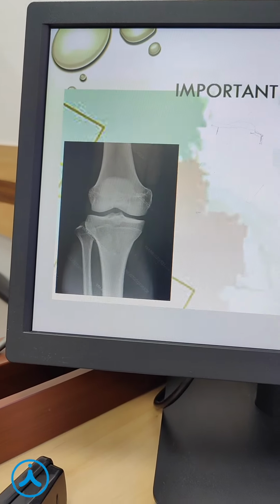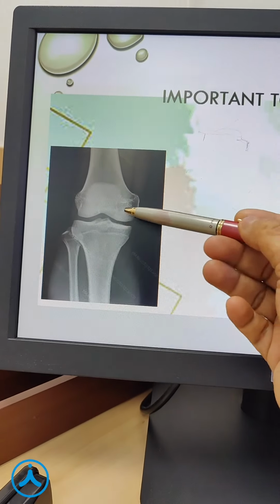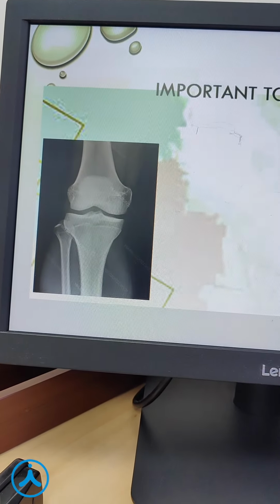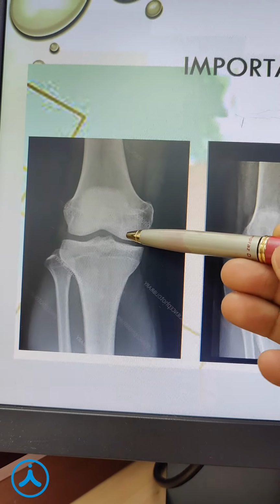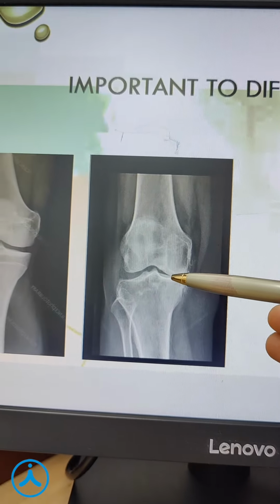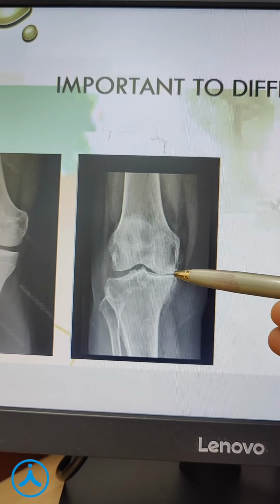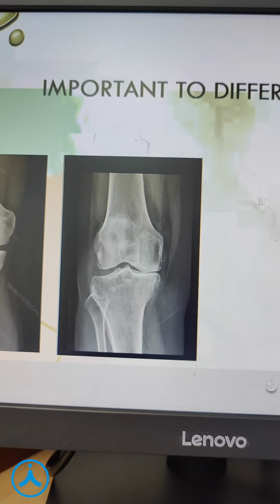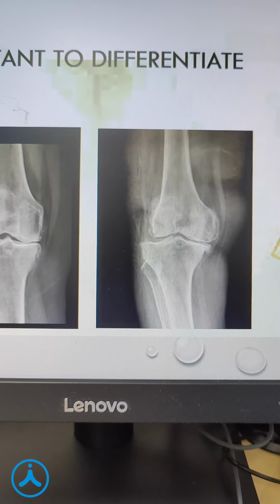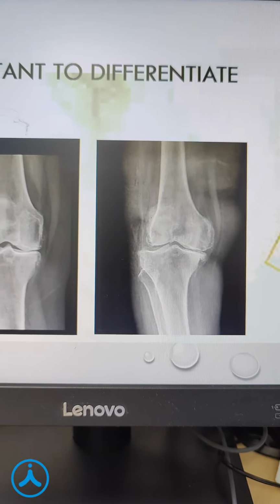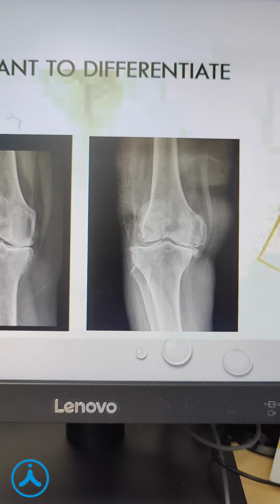How far can it progress? If you can see here, this is a normal knee with equal medial and lateral joint space, and then here the joint space got reduced on the medial side. That is grade 4 osteoarthritis. And if the process of osteoarthritis is not stopped, then what is going to happen?